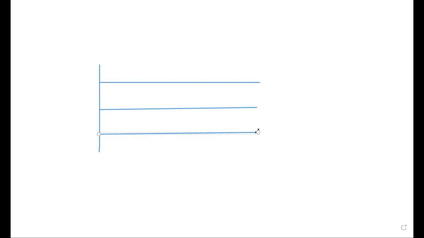Just draw the point in this way, and in between the points, you draw another point in the next line.